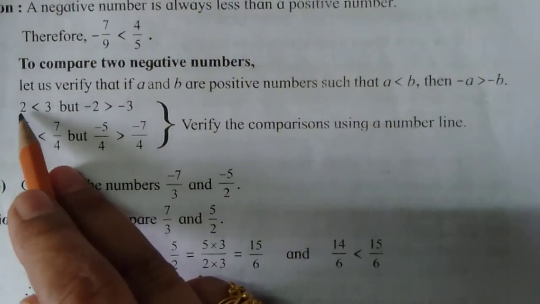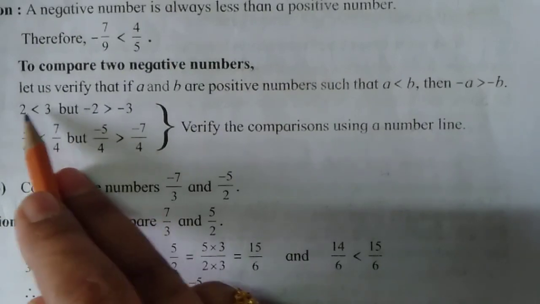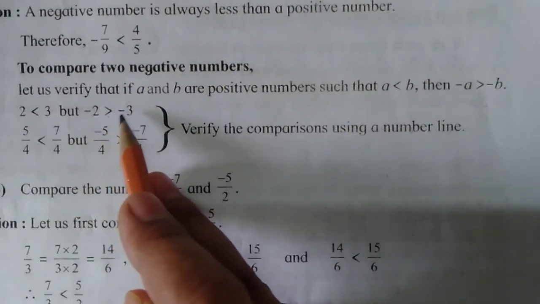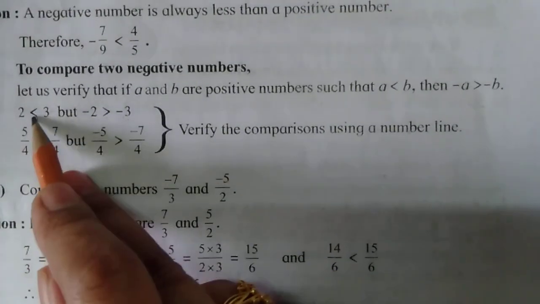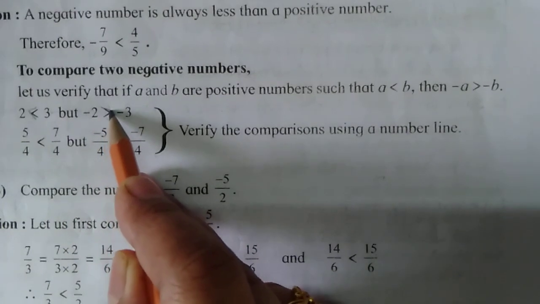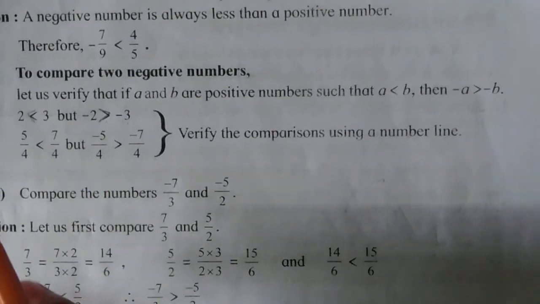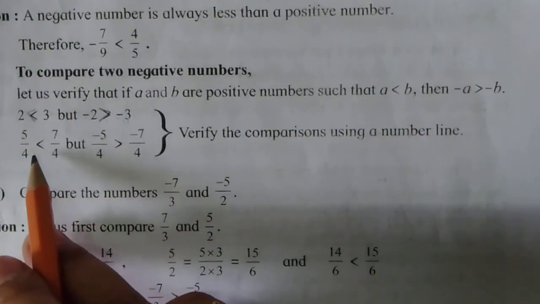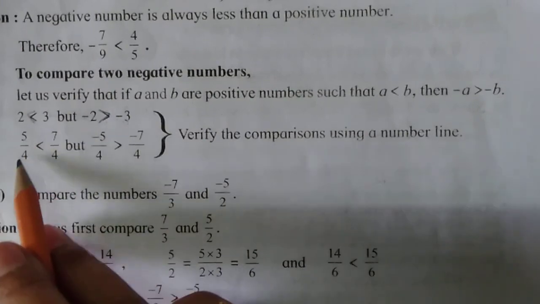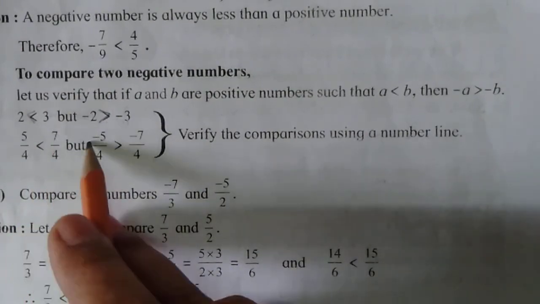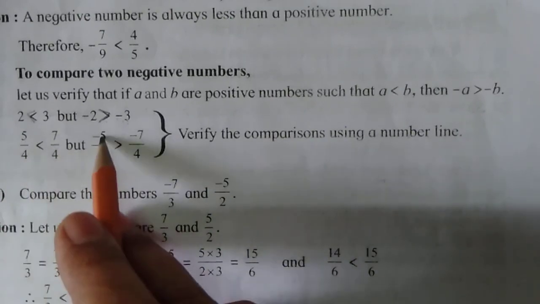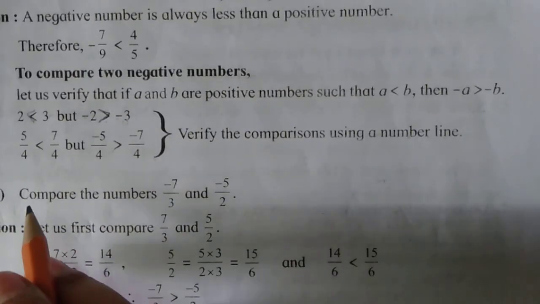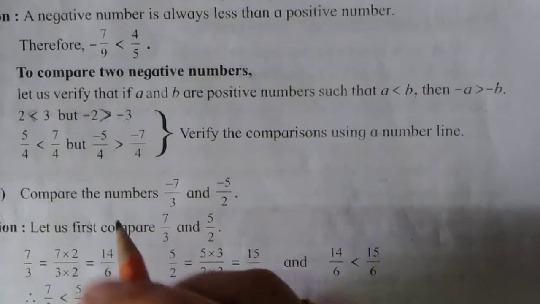For example, 2 is less than 3. If we convert them into negative numbers, then negative 2 becomes greater than negative 3. The sign of less than is converted into greater than, exactly opposite. Similarly, for rational numbers, if 5 upon 4 is less than 7 upon 4, after making them negative, minus 5 upon 4 becomes greater than minus 7 upon 4. Understood?